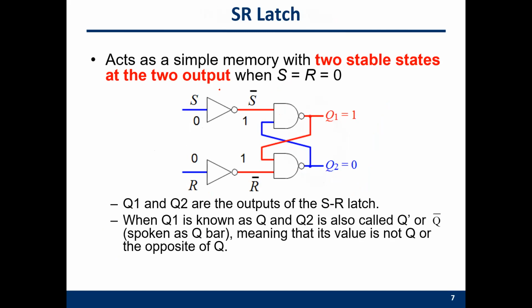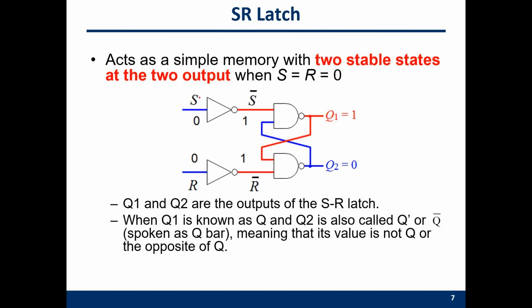So we can have some more advanced latches like this, SR latches. The SR latch can operate as a simple memory with two stable states at two outputs when S equals R equals 0.